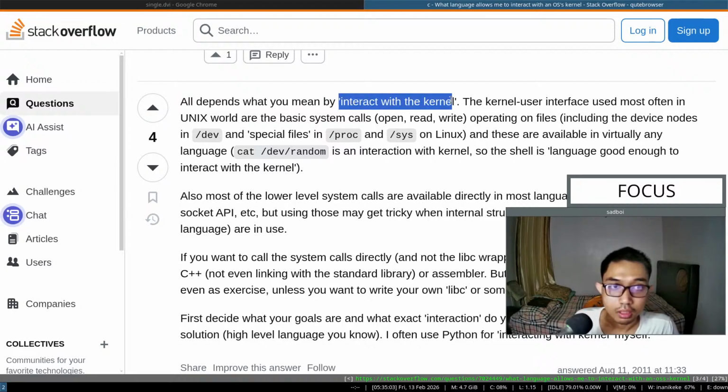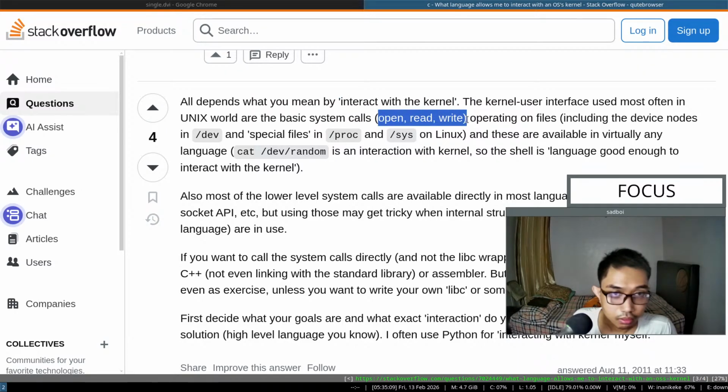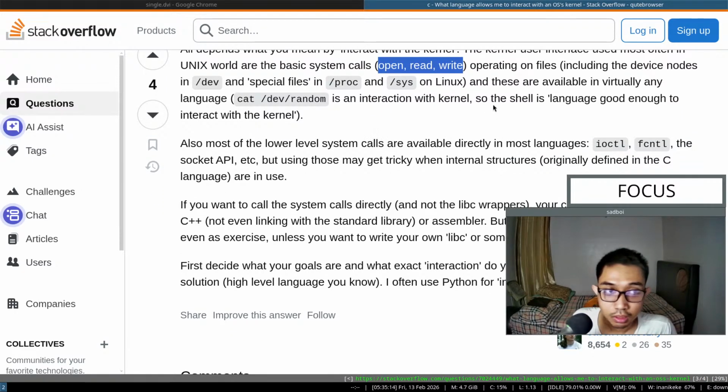Interact with the kernel. Open, read, write, okay. So the shell is language code enough to interact with the kernel.